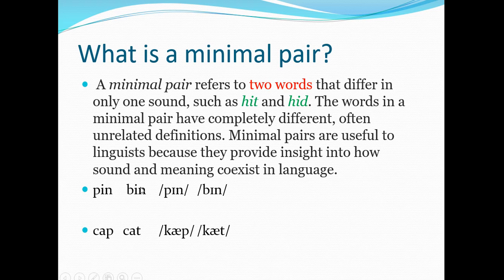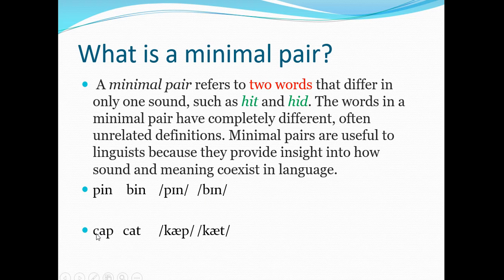Here we have two examples of words, okay? We have pen, we have ben. What is the different sound? The different sound is the initial sound, right? P, the bilabial stop p, and the bilabial b.